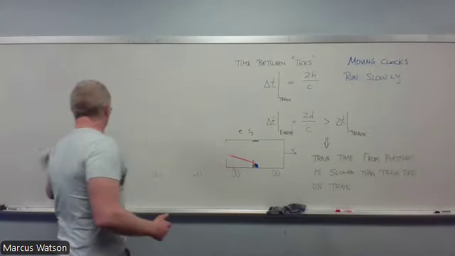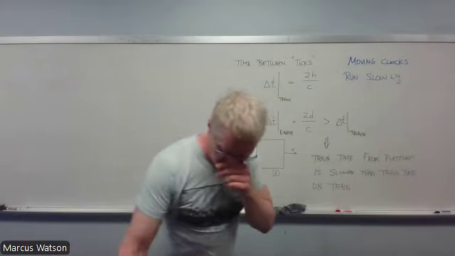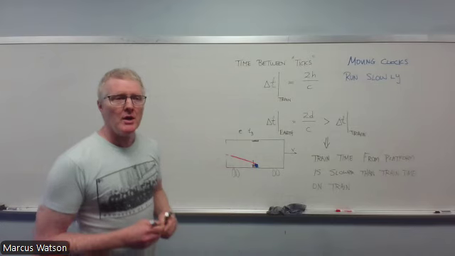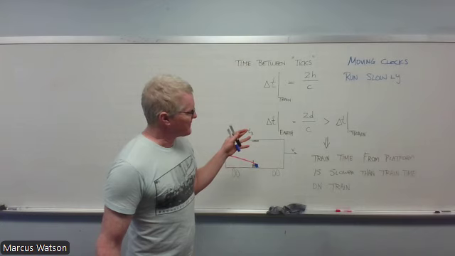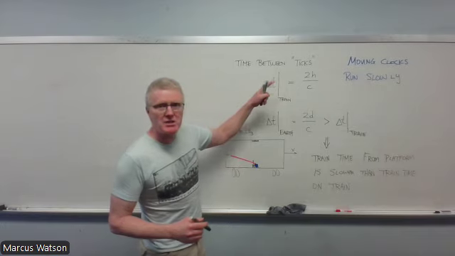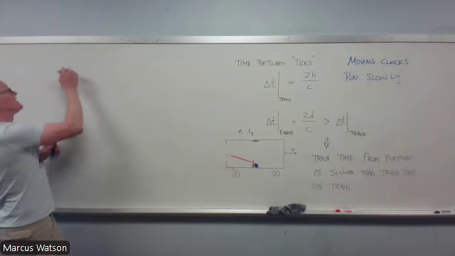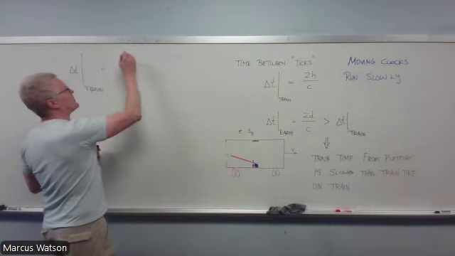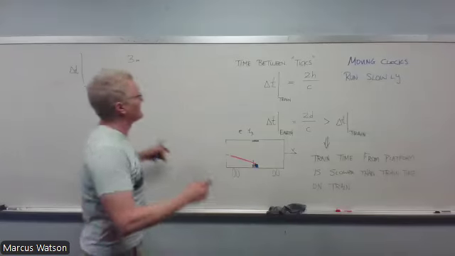All right, so let's take a look here at a way to mathematically represent this. So what I'm interested in is the times. Suppose that h is something like 3 meters. I'm going to just visually draw this out for you. Delta t on the train is going to be equal to 3 meters. Suppose the height of the train is 3 meters up and down. That's a tall train.